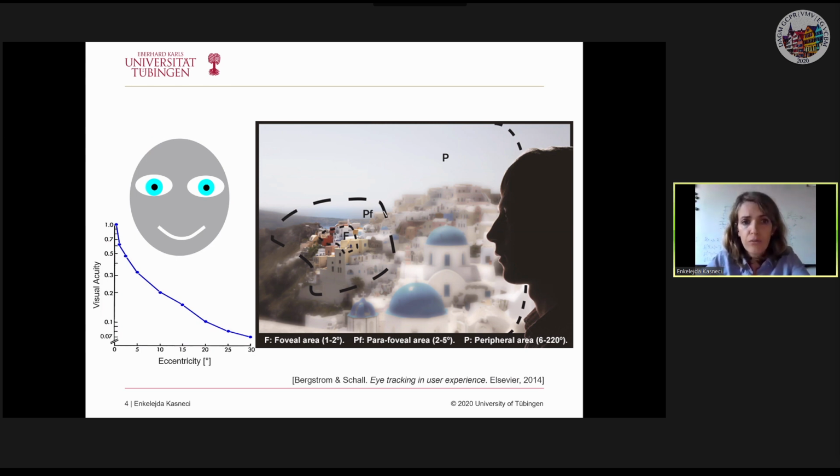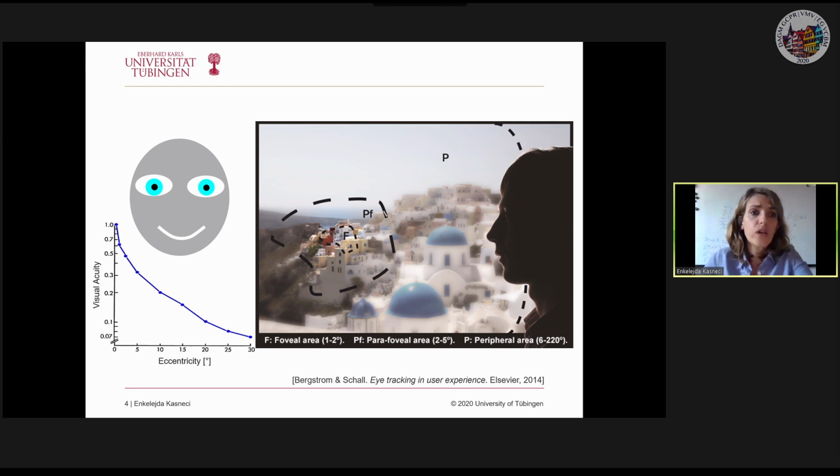In between, very simplified, we have a parafoveal area where we still perceive information, though not very sharply. If you look at this graph, here is the foveal area where the visual acuity is at its highest, and you will see a very quick decline towards the periphery. At almost 5 degrees of eccentricity, we only have a visual acuity of about 30%.